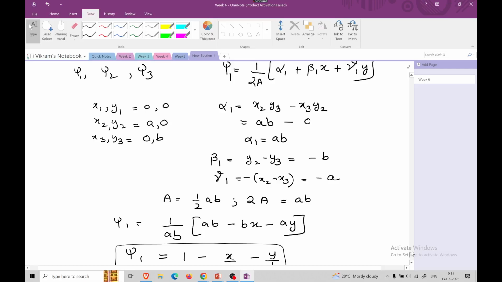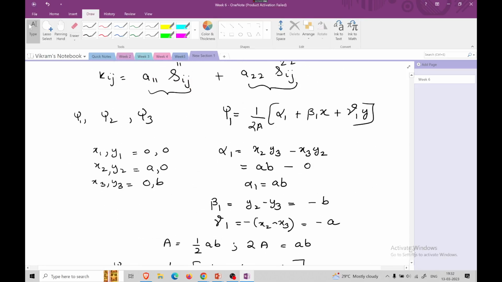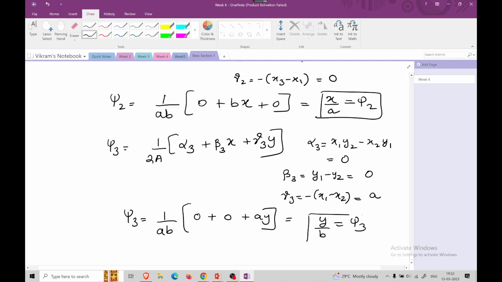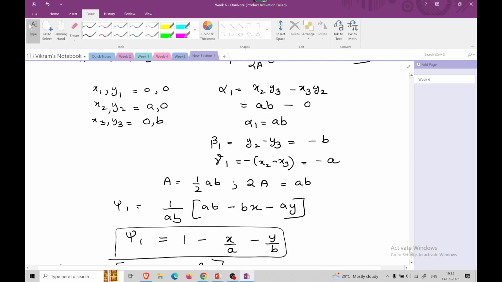Similarly γ3 is minus of x1 minus x2. x1 is 0, x2 is a, 0 minus a is minus a, minus of minus a is plus a. So ψ3 is 1 by ab, α3 is 0, β3 x is 0, plus γ3 y is a y. So this is y by b. So we have found out ψ1, ψ2, ψ3.